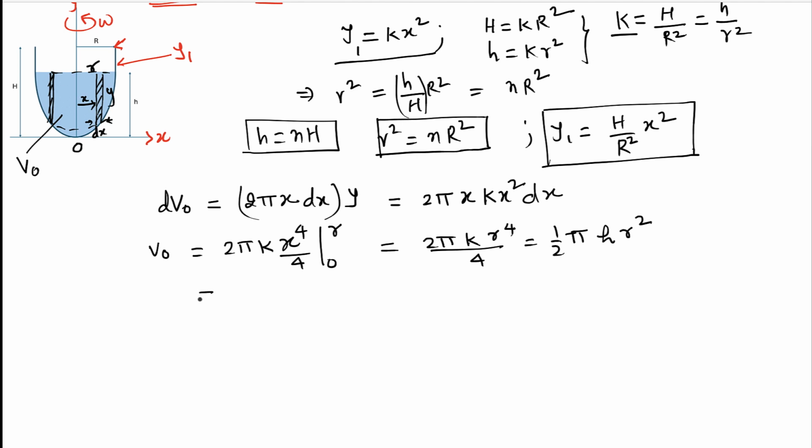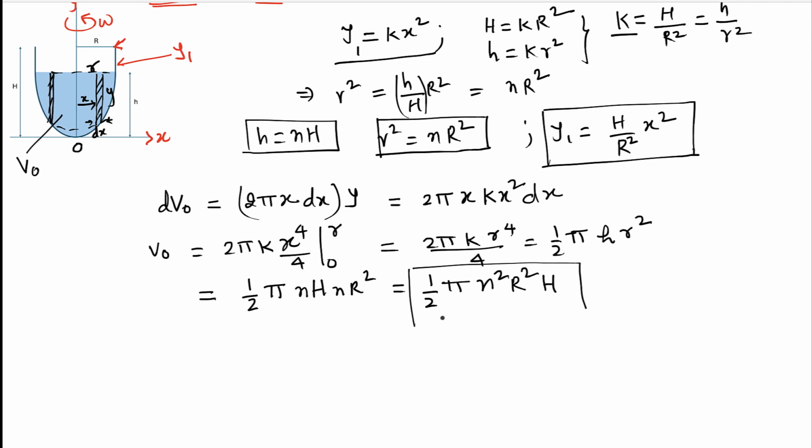Or we can also write in terms of capital H and R as half pi, h is nH, and this is n R square. So this will be half pi n square R square H, right? So this is the initial volume, V0. Let's call it equation 1.